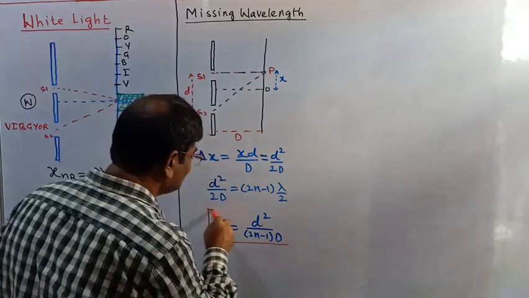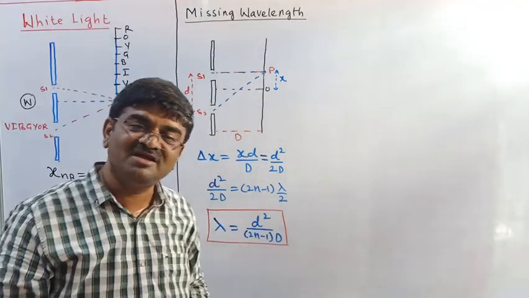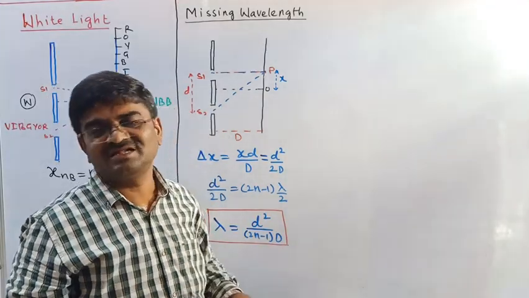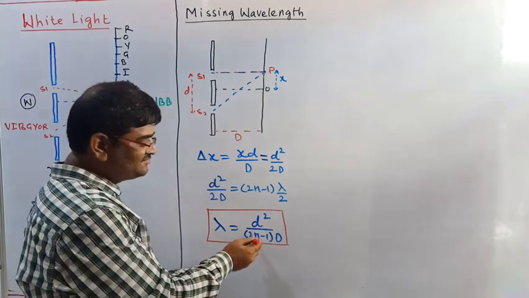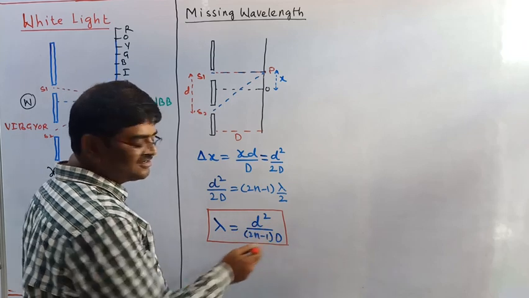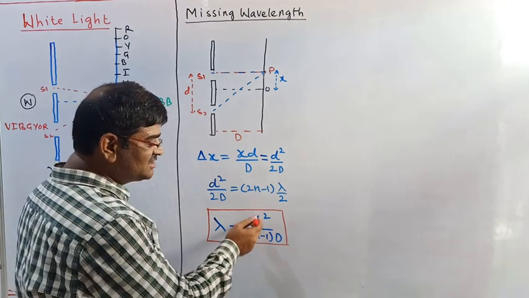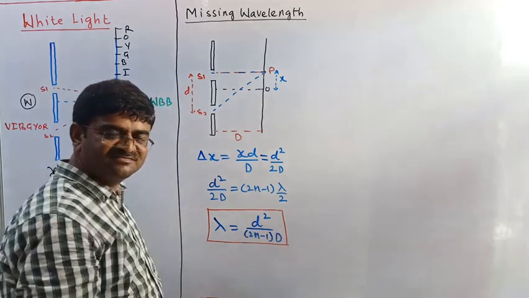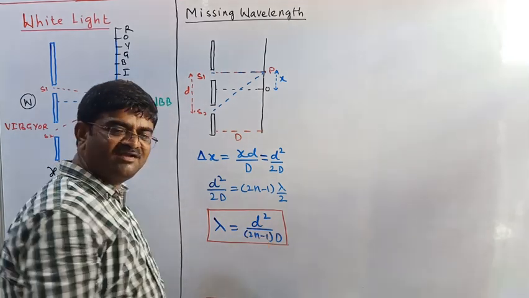So I have arrived at the important equation. What is this equation for? Equation for missing wavelength in front of any one slit. By having different n values: n equal to 1, first missing wavelength I am going to have d square divided by D. N equal to 2, d square divided by 3D. N equal to 3, d square divided by 5D.